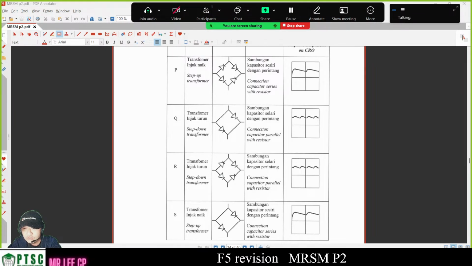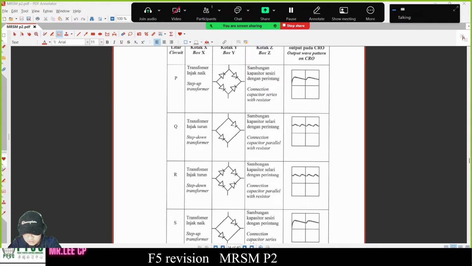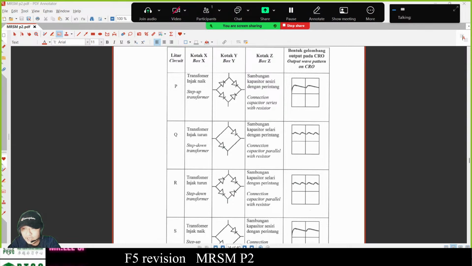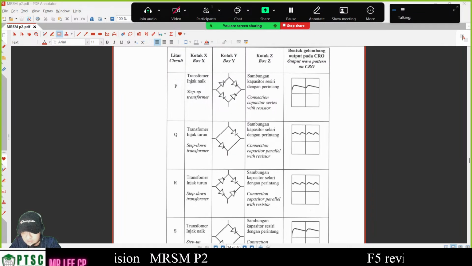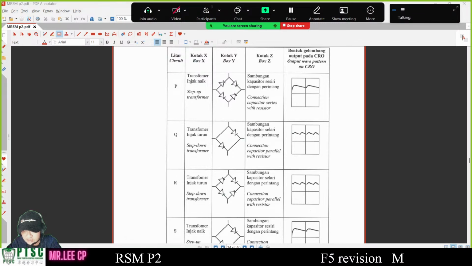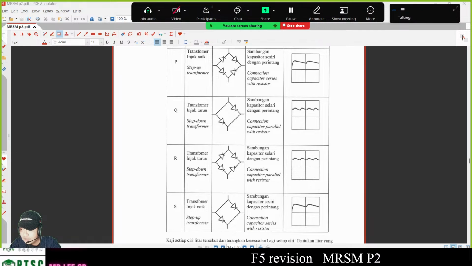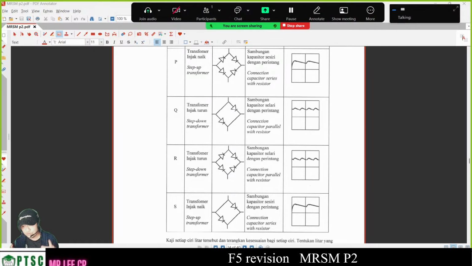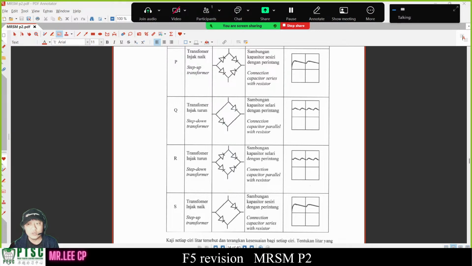So this is what they have: the step up transformer, step down transformer, boxes here, and then the connection of the capacitor in series with the resistor, or parallel to the resistor, and lastly the output. Are you sure you want to do this one? If me, of course, I think this question is quite easy.